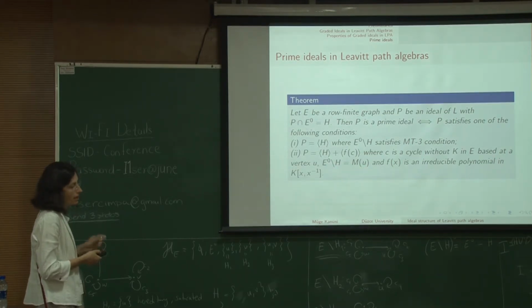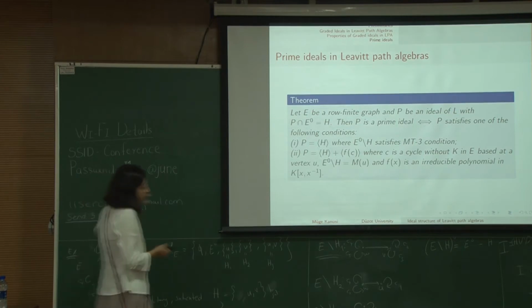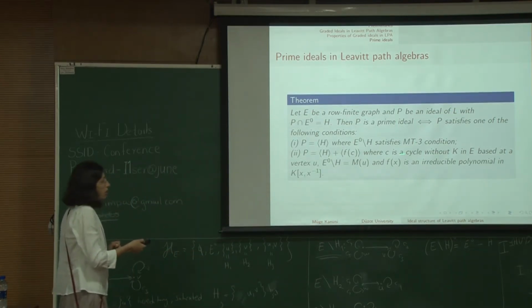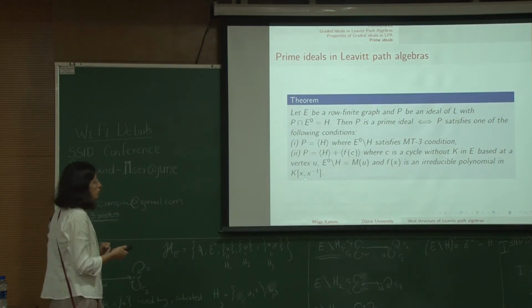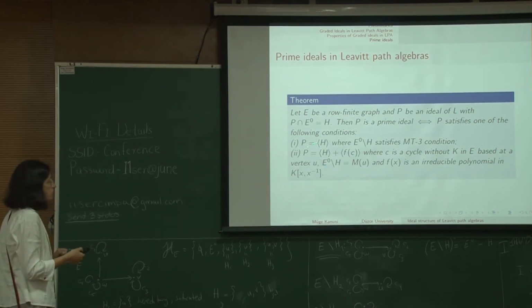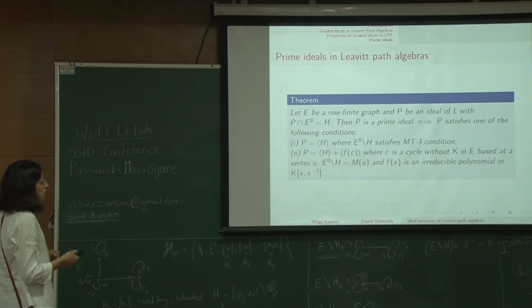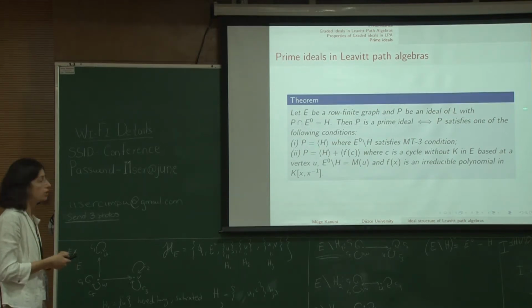So all the paths in the quotient graph end at u. They connect to u. And f(x) is going to be an irreducible polynomial. If this is satisfied, then P is a non-graded prime. The first one is where P is a graded prime.